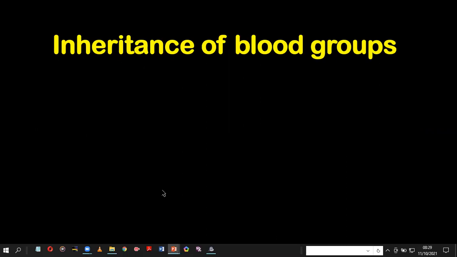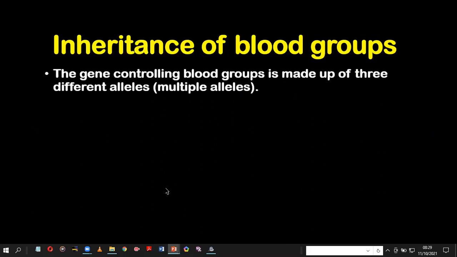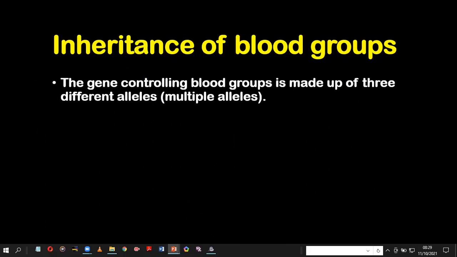So let's see. Now, in your body, you have red blood cells, and these red blood cells have what we call antigens. And actually, it is particular antigens on your red blood cells that determine the blood group that you're going to have.